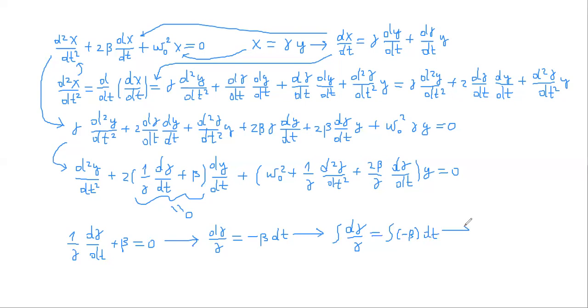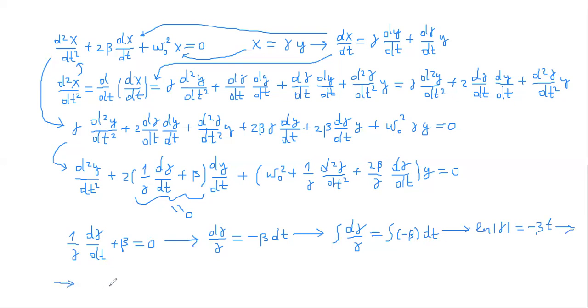And according to this, natural logarithm of the absolute value of gamma is equal to minus beta t. We have used the fact that beta is constant.